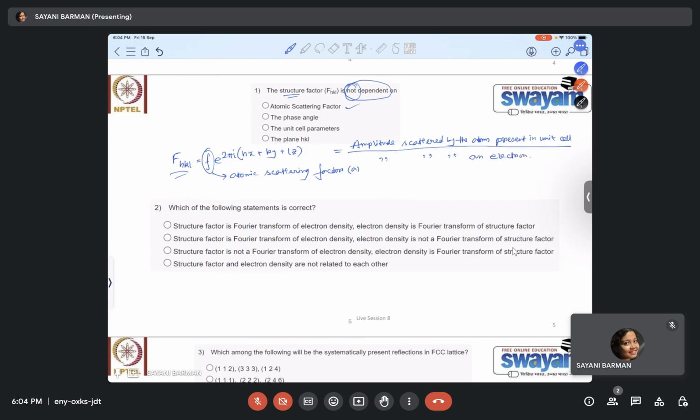Okay. So this also gives the phase angle of the scattered wave.